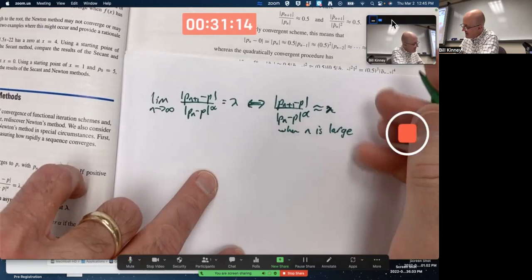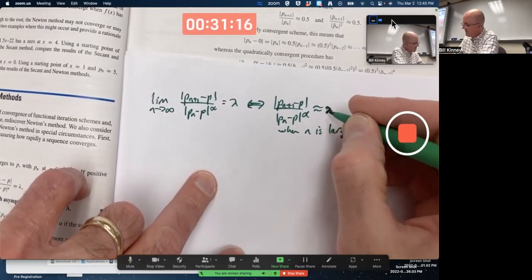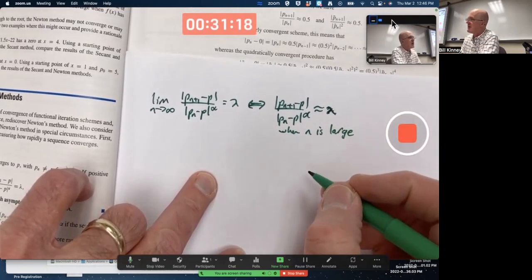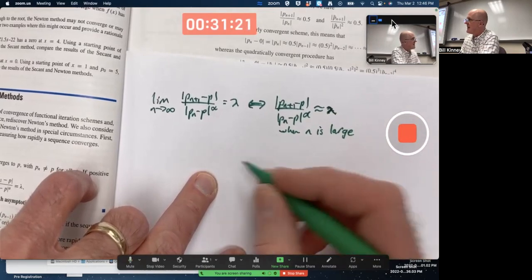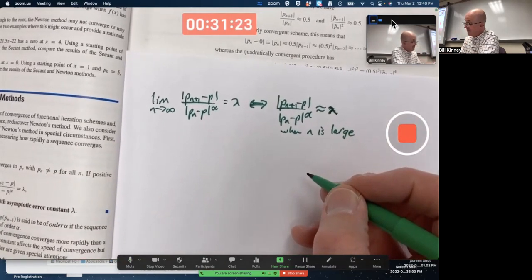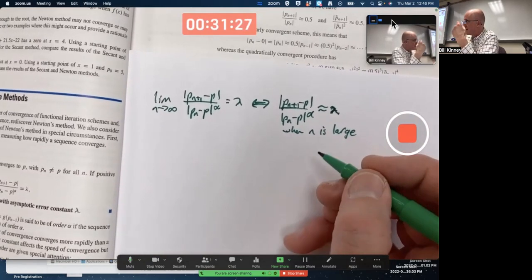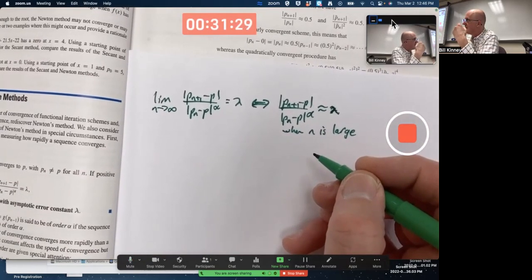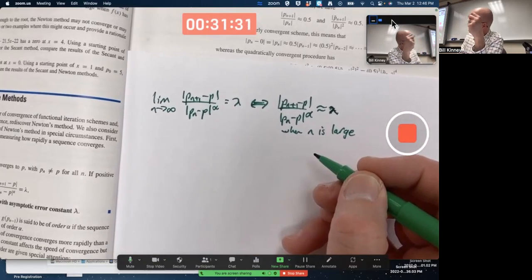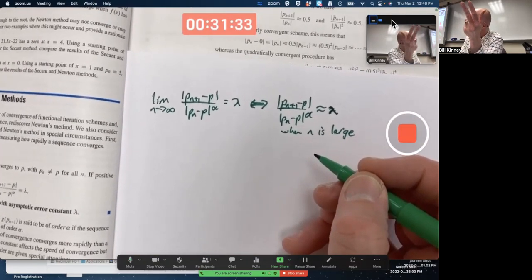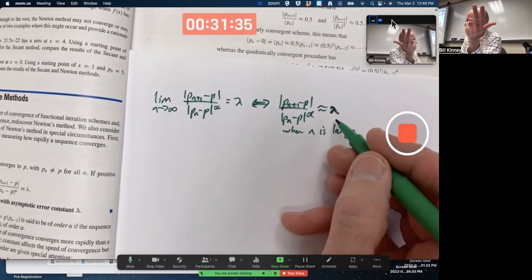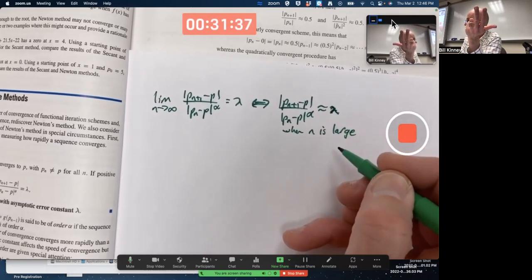This is not something we're trying to prove here, but I hope it makes some intuitive sense. This is the way you think about limits with calculus students. You can also say it gets closer and closer to lambda, possibly with some deviations away, but generally speaking, gets closer and closer to lambda. I can make it as close as I like to lambda if n is sufficiently large.